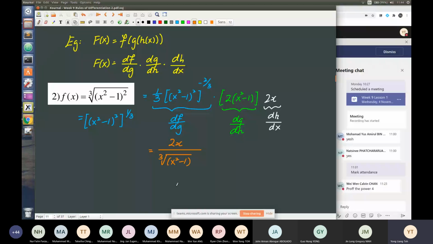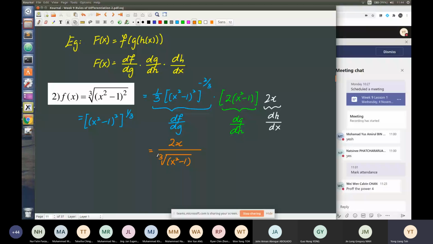Is that right? In the process, I take this 2 and multiply by minus 2/3, so it is minus 4/3. Then there's a power 1 here, so it's minus 4/3 plus 1, so I'm left with minus 1/3. So clearly minus 1/3 would be my cube root at the denominator.